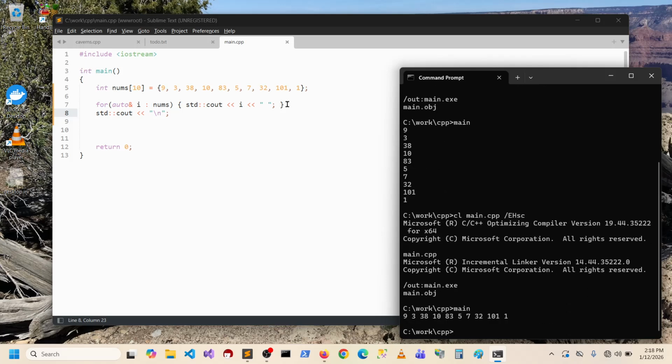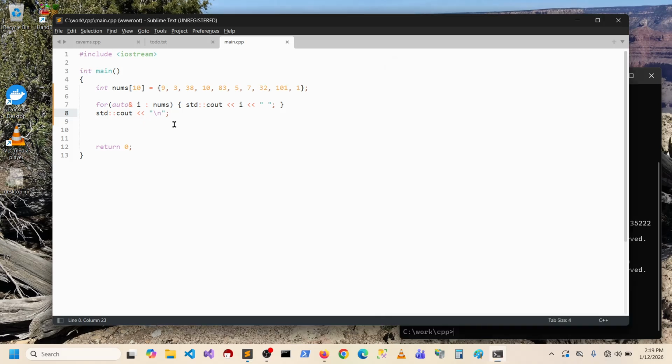All right, so we got them like that. All right, let's do the work. Okay, so what am I gonna need? This is gonna have to be recursive.